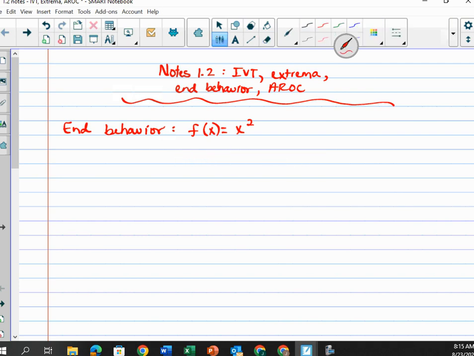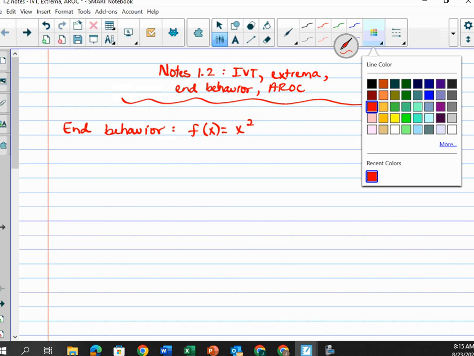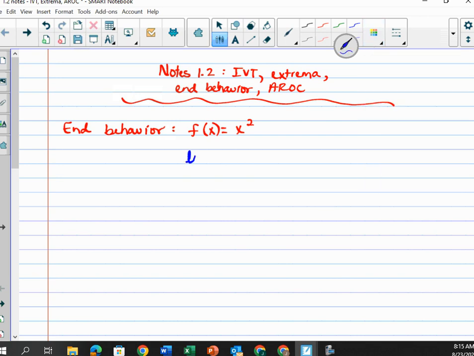It's saying the same thing, but we're going to use limit notation. So it'll say limit of f of x as x approaches infinity, that goes underneath, is infinity. You might have seen this last year, but I don't think you spent a lot of time.